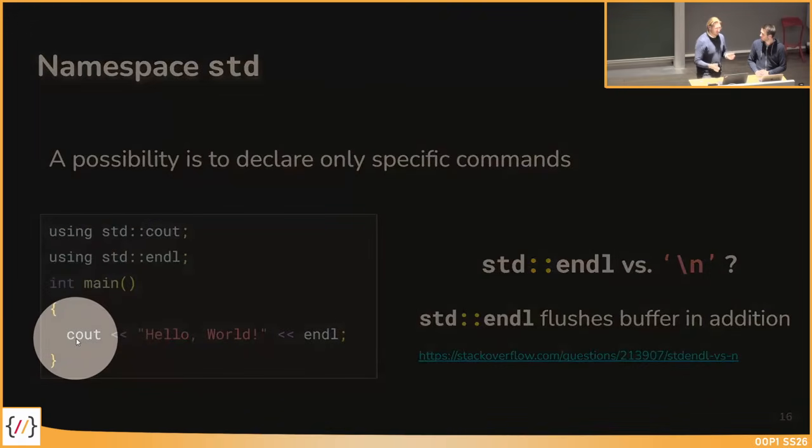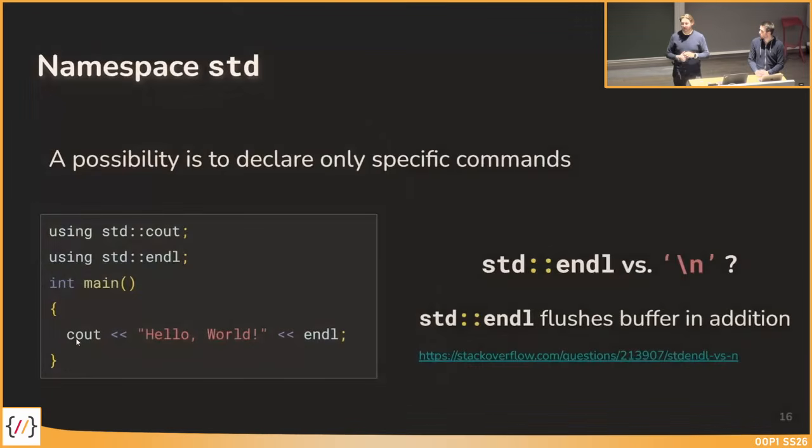And usually we know that cout is an object from the std namespace, and we usually don't name a variable or any object cout. For all the other things in the std namespace, we would have to write std again. Exactly. So if we, for example, use cin here, we would have to write std::cin. So the using directive here is only for the two objects cout and endl.